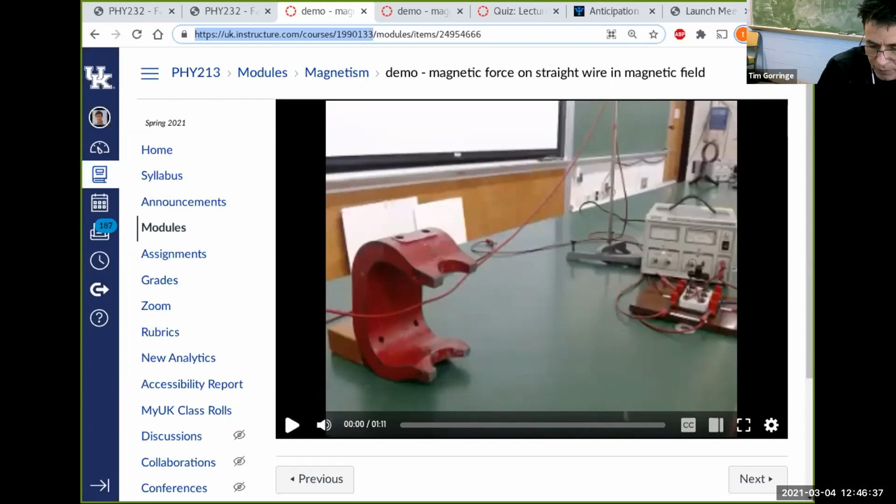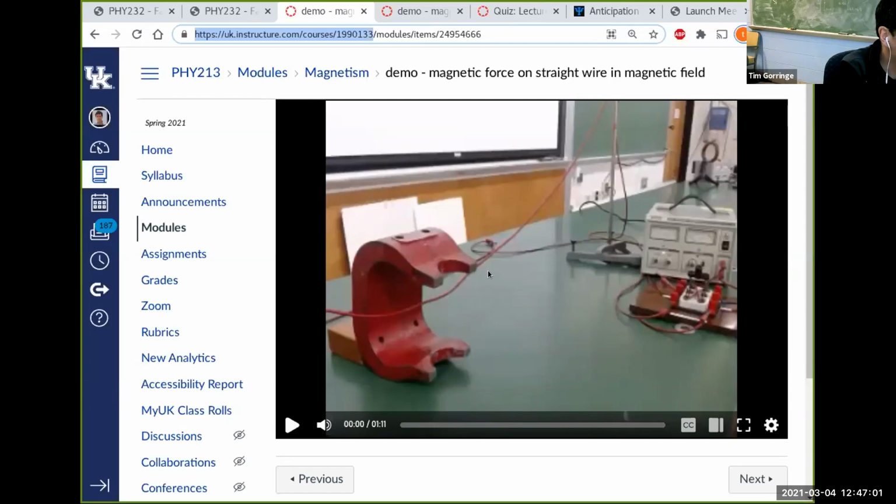I'm not in this, but I'm beside this. Here I was in the large lecture room, chemistry, physics, and I want to show you a demonstration of the deflection of a wire that's carrying a current in a magnetic field.